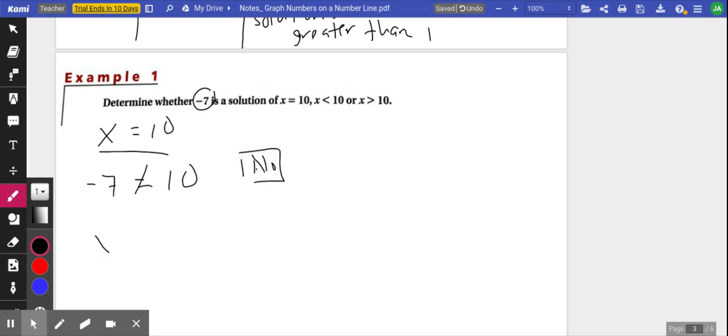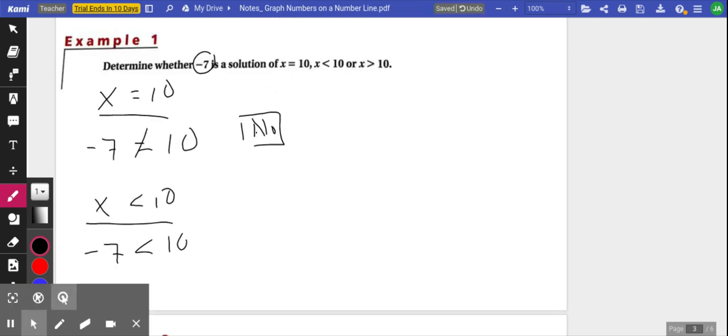And now let's check x is less than 10. So plug in -7 there. And that's definitely true. So that is a yes.